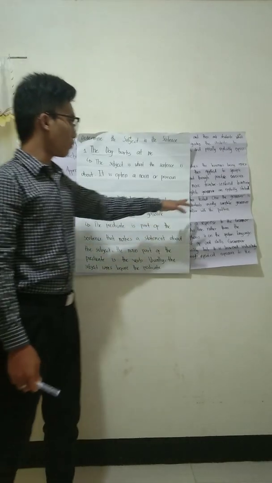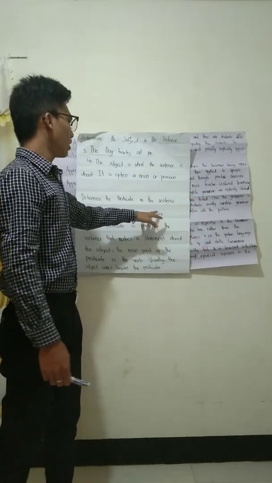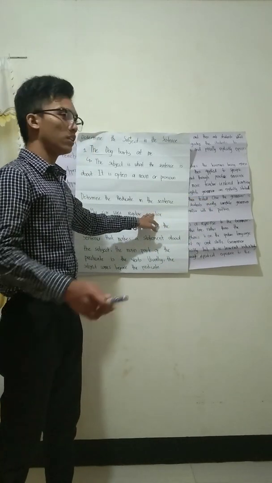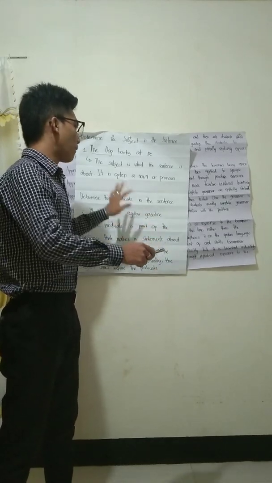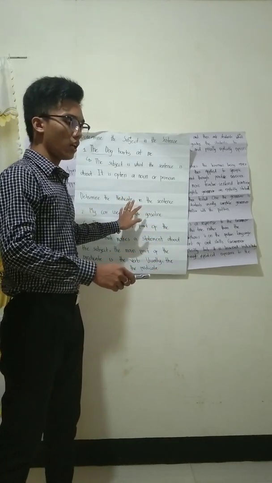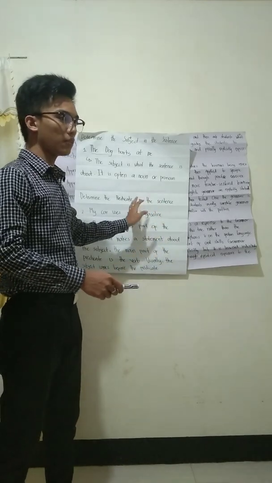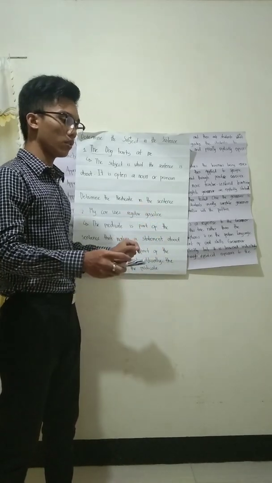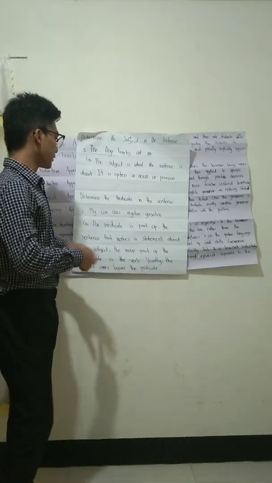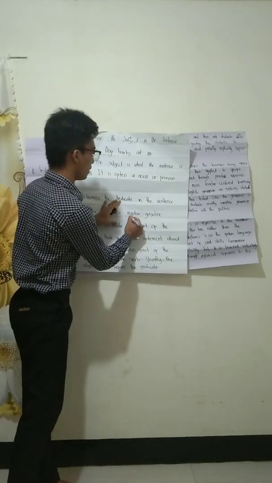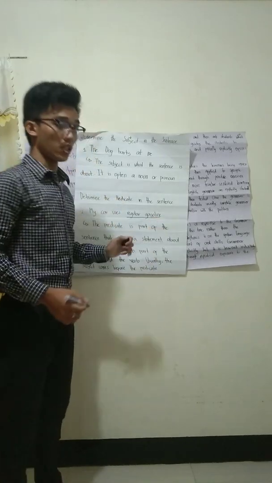Here, when I use this deductive approach, it was all about the grammar of the students and how to determine the predicate in the sentence. So here the predicate is the regular gasoline.